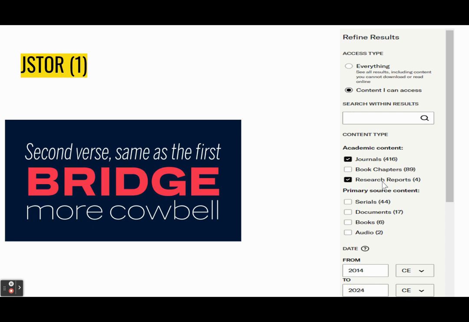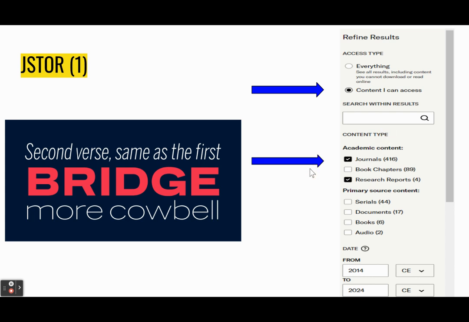With JSTOR, in some ways it's the second verse, same as the first, but there is a bridge. And to go back to a really bad old person joke, there's more cowbell. First of all, the full text articles, content I can access, make sure you click on that.